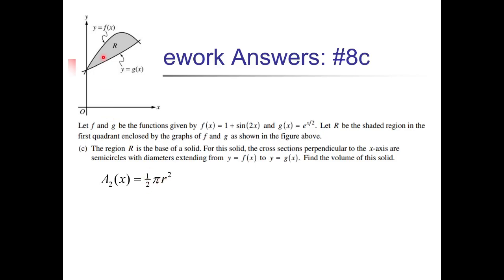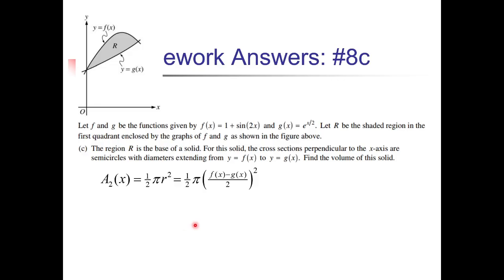It's tempting to just say f of x minus g of x for the radius, but that's actually the diameter of these semicircles. If we want the radius, we need to take half of f of x minus g of x. So for my r, I'm going to write f of x minus g of x over 2, and I'm going to put that whole business where r used to be. So this is my area formula this time around.